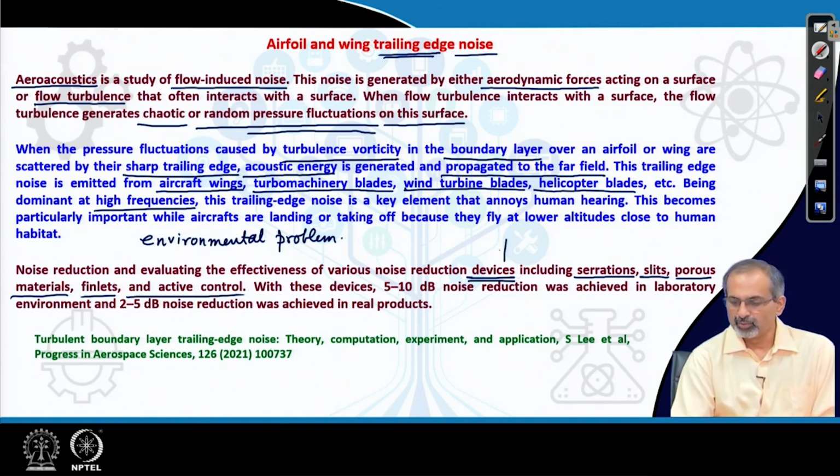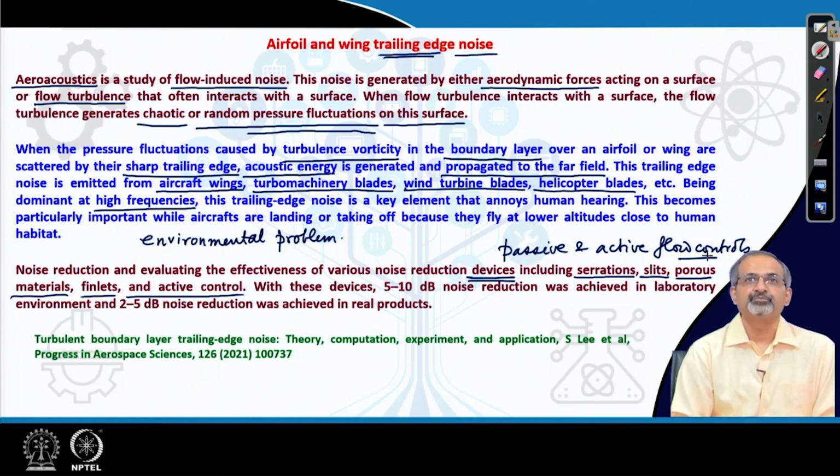So, there are two means, basically passive and active flow control. So, different means of flow controls have been tried to suppress these turbulent eddy structures or vorticity structures in the boundary layer, and from them emitting noise from the sharp trailing edges.